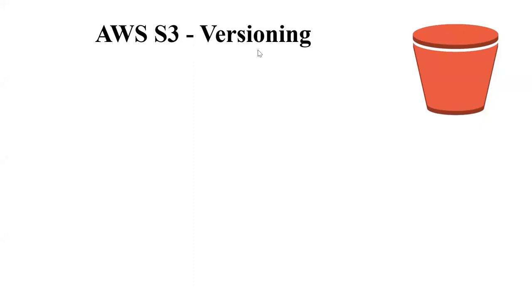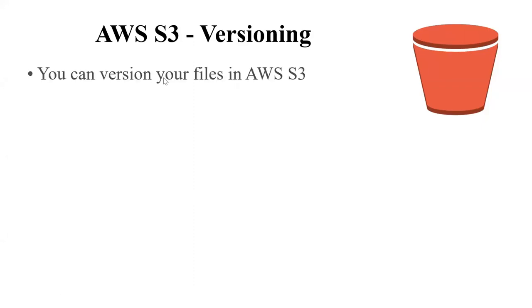Okay, good. What is the versioning concept in S3? Yes, we can version our files in AWS S3. Suppose you have an Excel sheet or one PDF file or some XYZ file. At 10 o'clock, one update happens in that file, some content is updated. At 12 o'clock, another change, and at 5 p.m., another change.